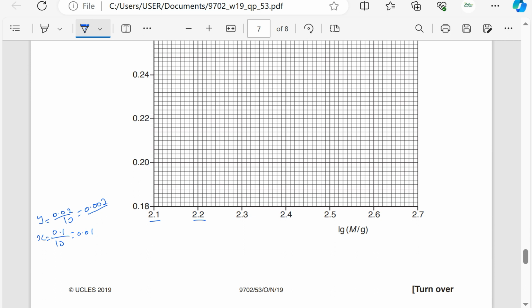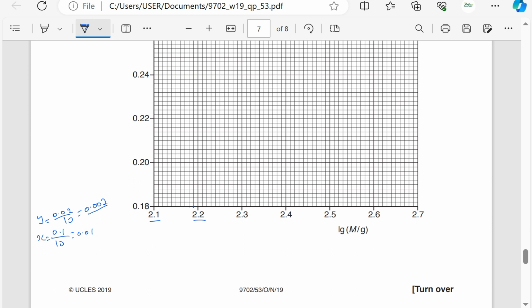So I'm plotting 2.19. So this is 1, 1, 1, 2, 1, 3, 1, 4, 1, 5, 1, 6, 1, 7, 1, 8, 1, 9 against 0.193. So 0.19, remember every box on the y-axis is 0.002.